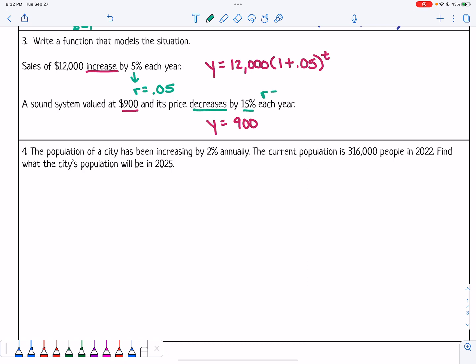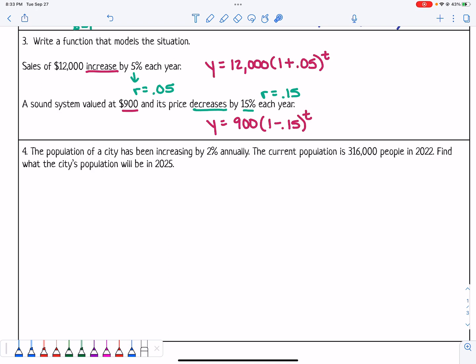So the rate would be 0.15, and it's decreasing. So we need to write 1 minus the 0.15, and then you could put t for your exponent. So number 3, we're just writing the function. You don't have to do anything more than that. But just make sure to leave the y, which is your output, and the x, which is your input, or your t. So don't replace those with anything.